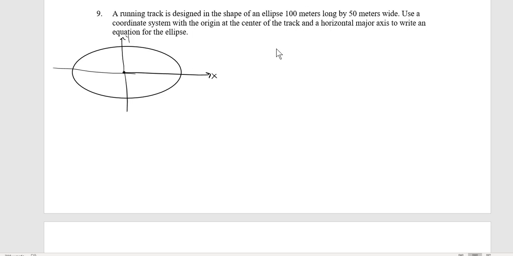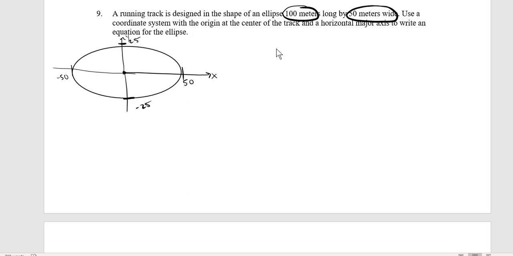We know this ellipse is 100 meters long by 50 meters wide. Well, that just means from here to here is 100. So this is 50 and negative 50. Likewise, from here to here is 50, meaning this is 25, and this is negative 25.